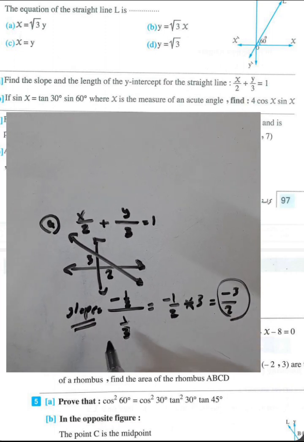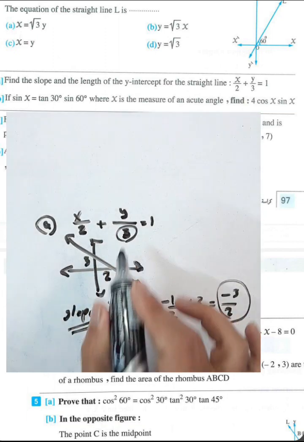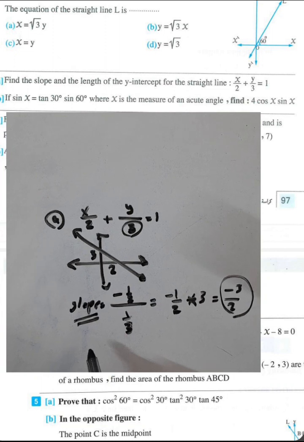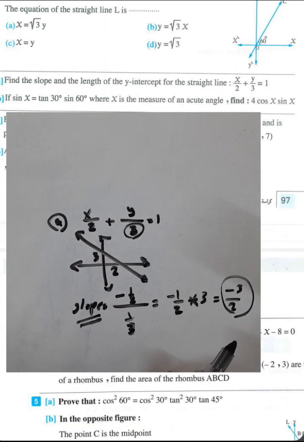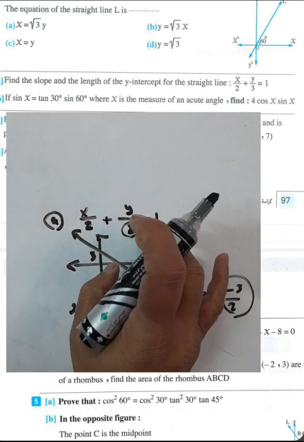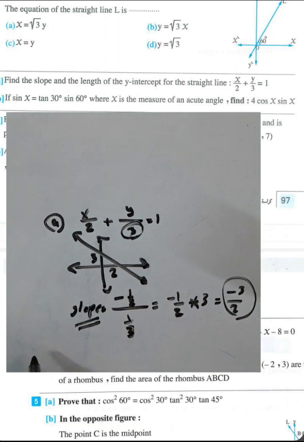Okay, and the intercepted part of the y-axis is 3 parts. The intercept for the line here will be what? It will be 3 parts. It cuts from the y-axis 3 parts. Understood?